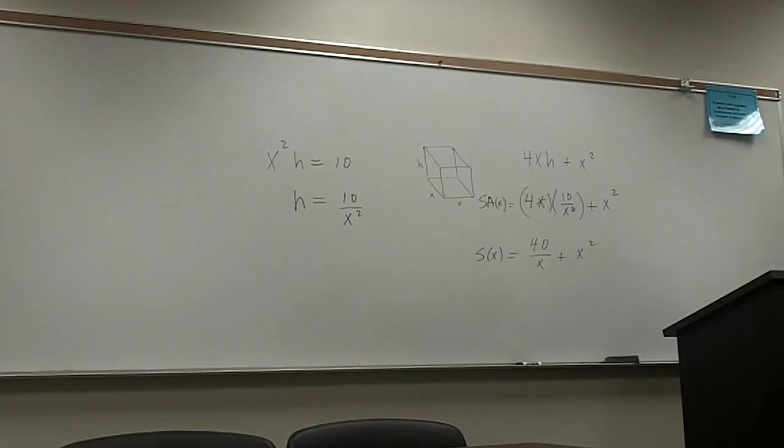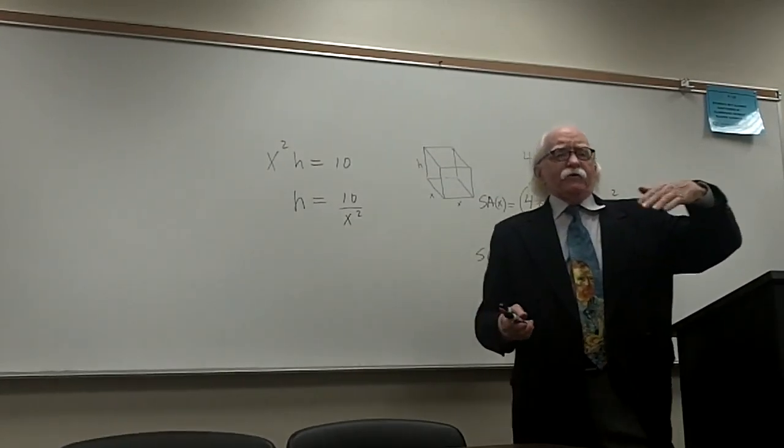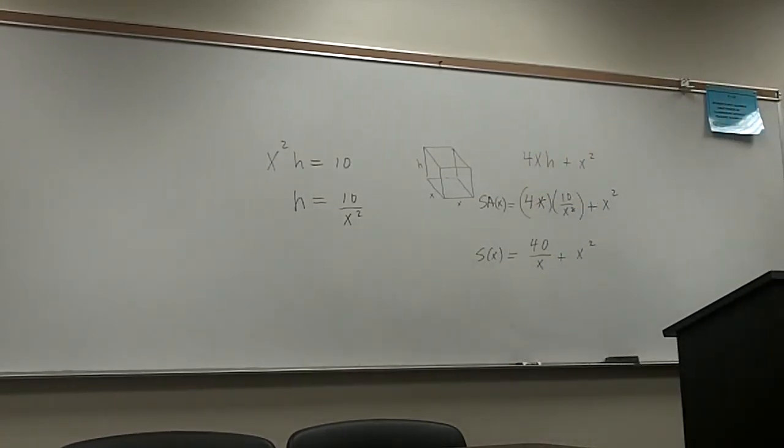Did that not make sense to everybody? Do you understand what that means to you? How many of you understand what it means? It means that if you were given a box this size, and all you were told was that it had a square bottom, okay?